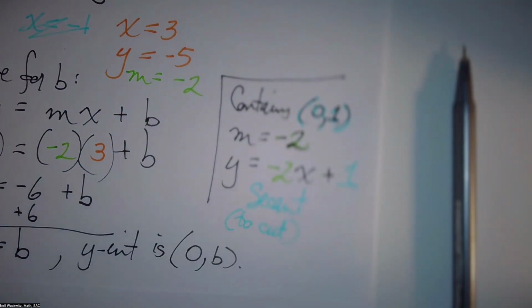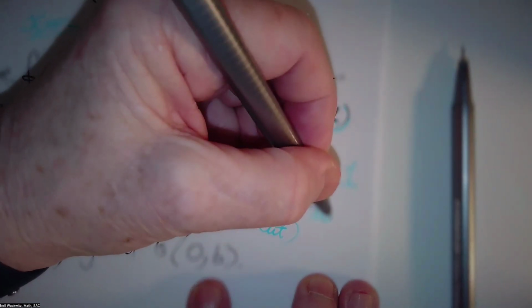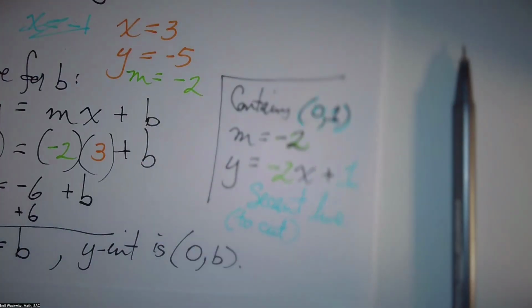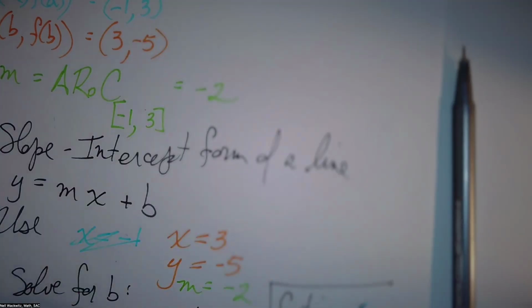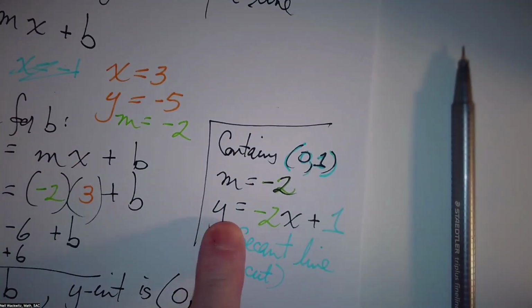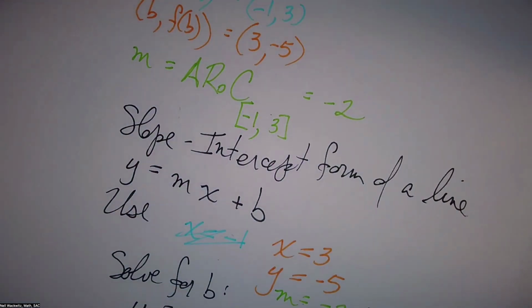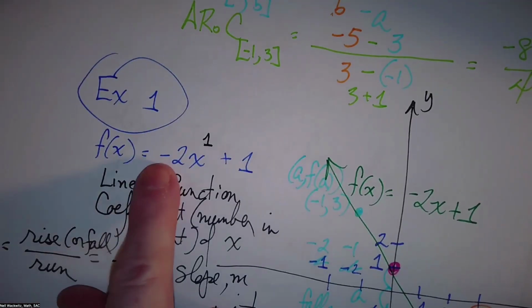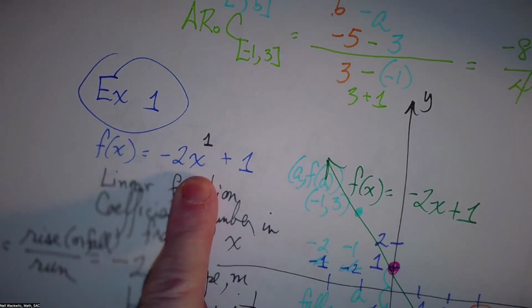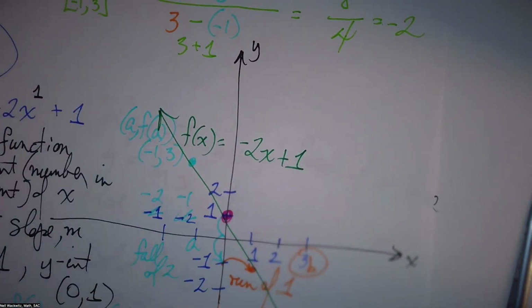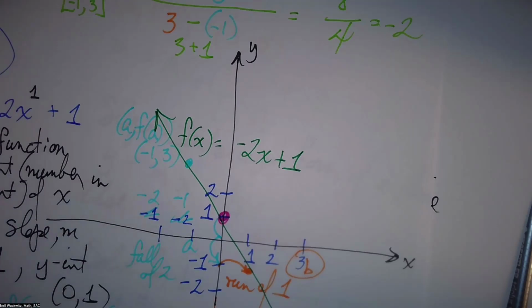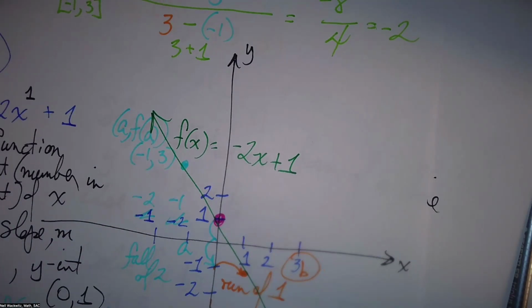So the equation of the secant line joining -1, 3, and 3, -5 is y equals -2x plus 1. And check this out. That is exactly the function we started with. F of x equals -2x plus 1. So the function and the secant line are the same line.